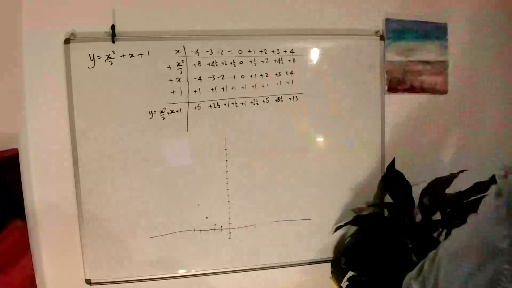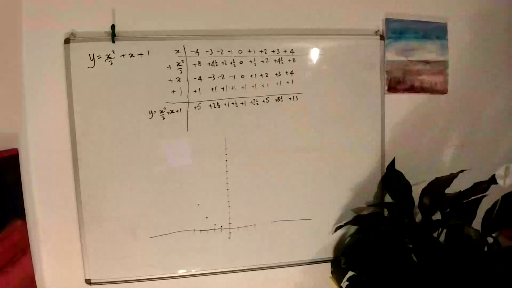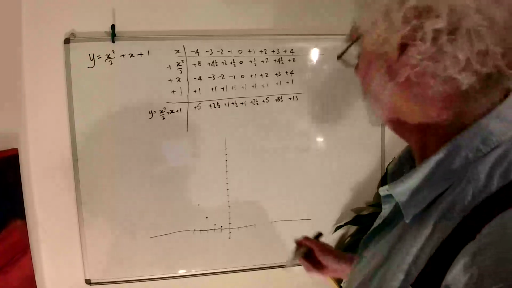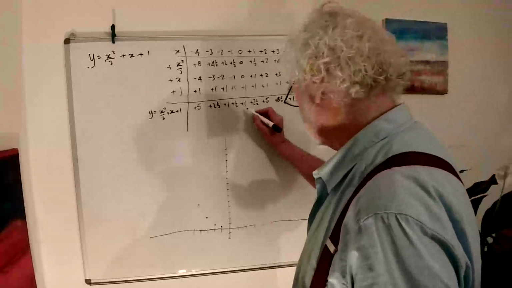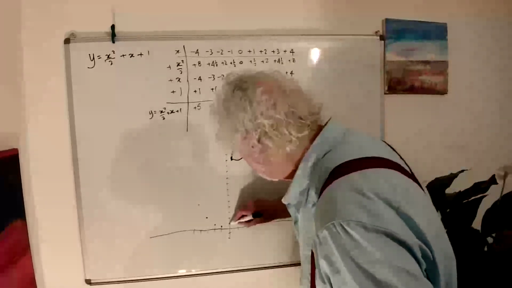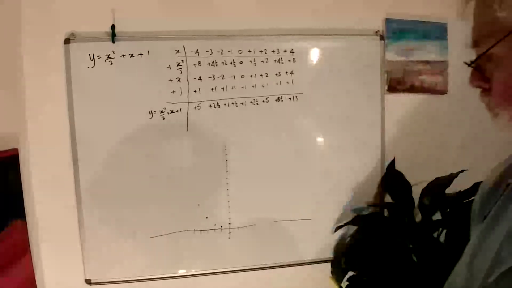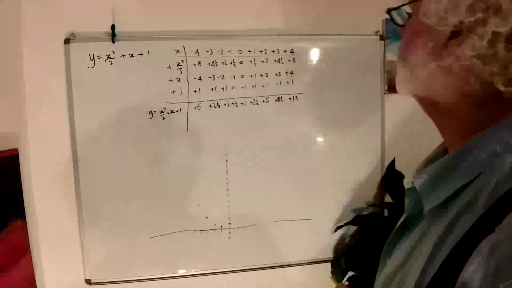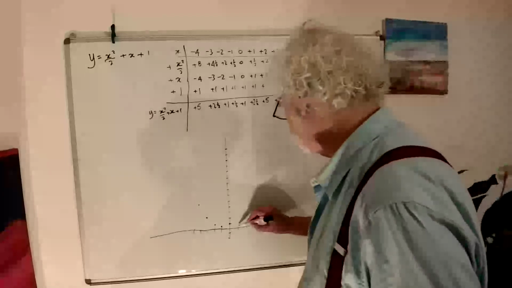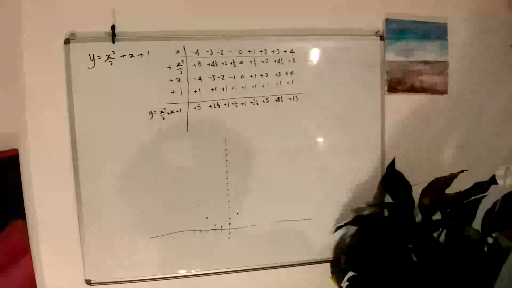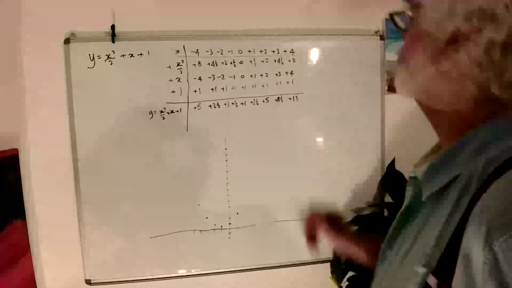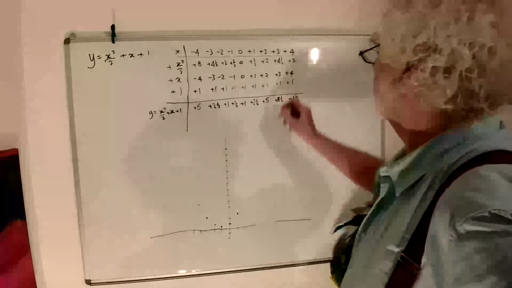I hope you can see this. You can just about. When x equals 0, 1. So it's going back up again. When x equals plus 1, 2.5. When x equals 2, 5.